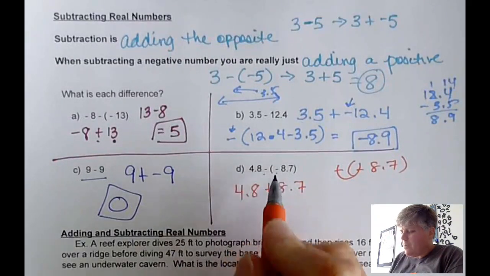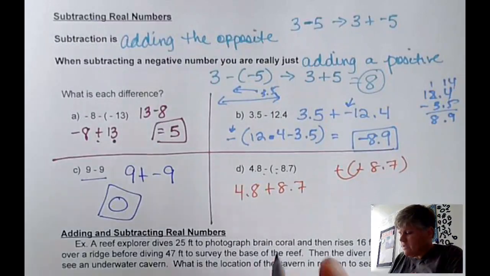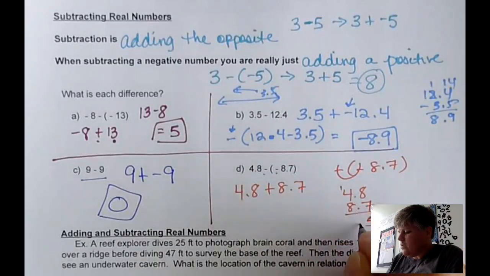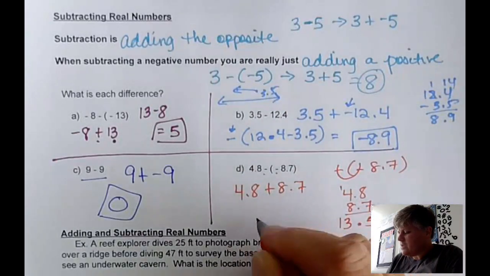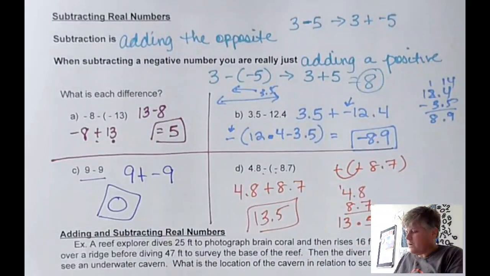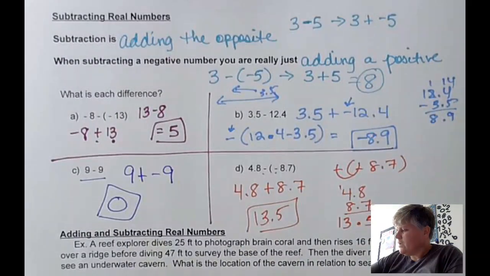We're going to add a positive. Change both signs. So 4.8 plus 8.7 is 15, carry the 1, which is 13.5. Okay, so far so good.